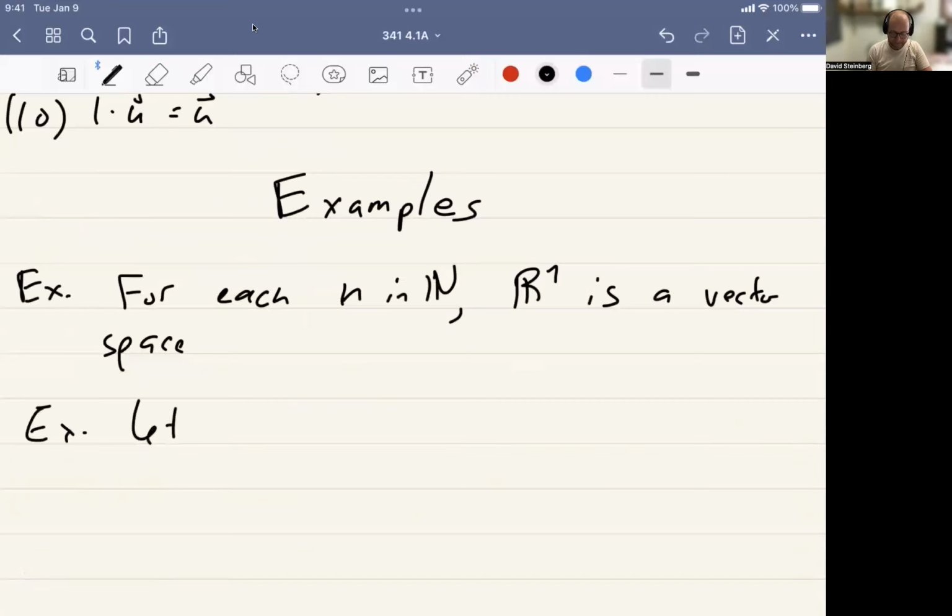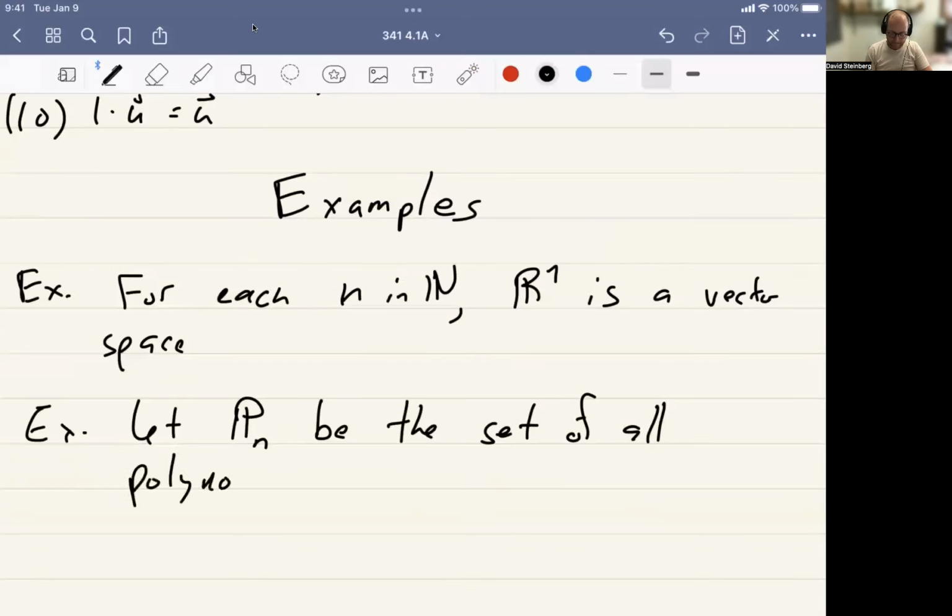Let fancy P subscript n be the set of all polynomials in one variable of degree at most n.